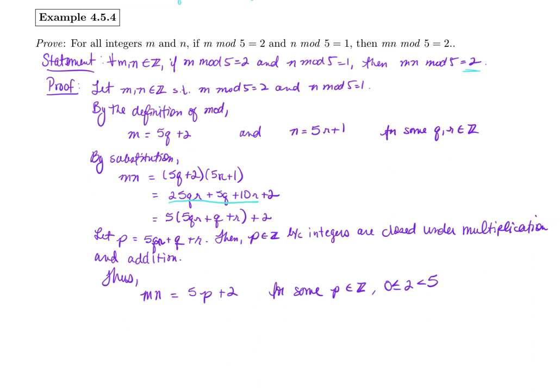So now we have defined the mod 5 of mn, and it is indeed equal to 2. So we would say, therefore, by the definition of mod, or you can use the quotient-remainder theorem if you like, mn mod 5 equals 2. And it's done.